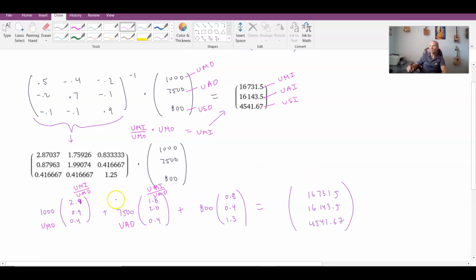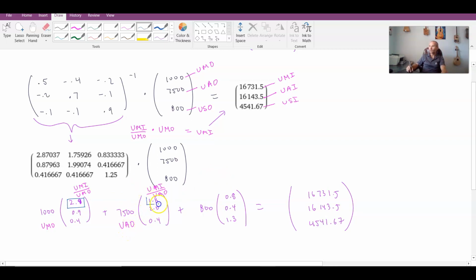One of the things that we see here is manufacturing seemed to be, by and large, the greatest total production. And if we look at the coefficients, we'll see why. Every unit of manufacturing output requires almost 3 units of manufacturing input in order to feed the other sectors.